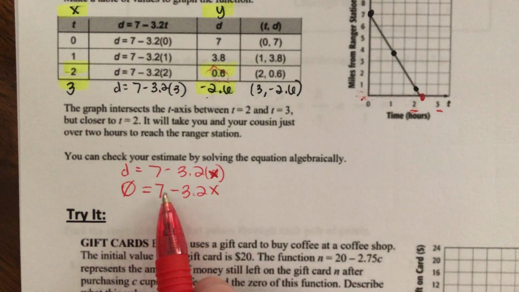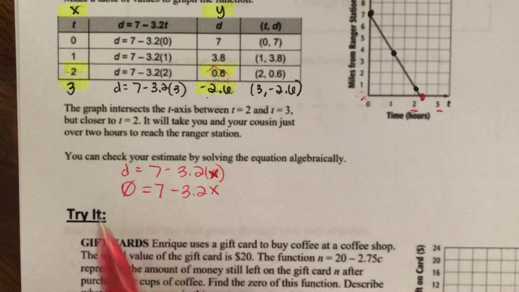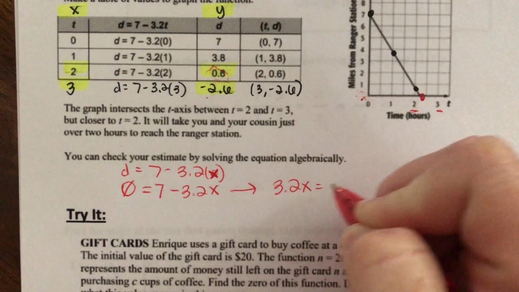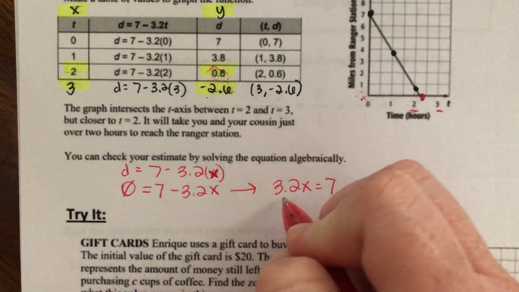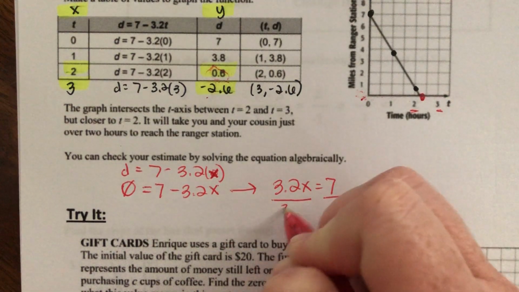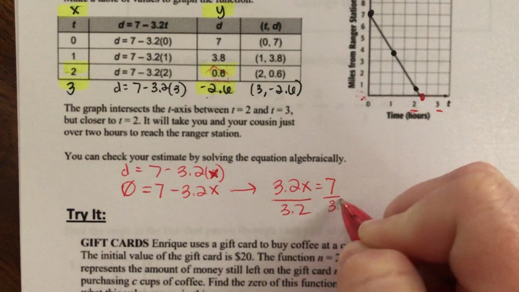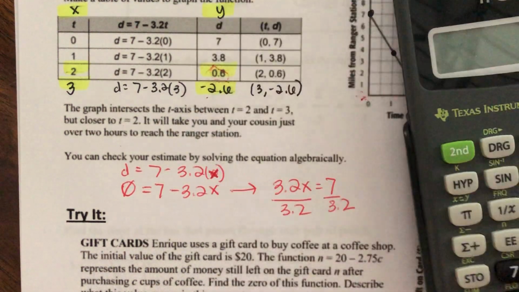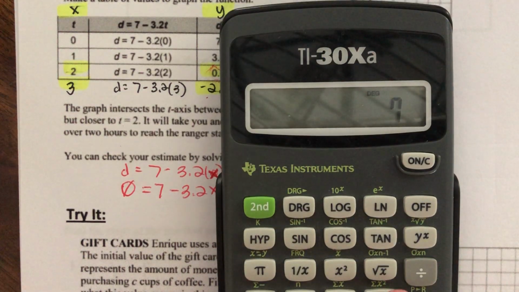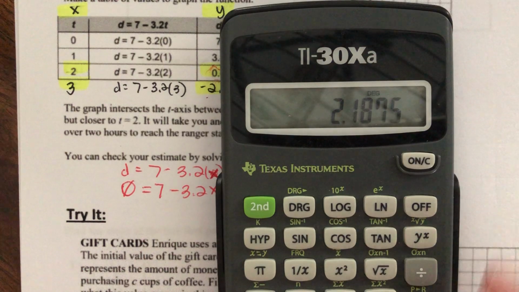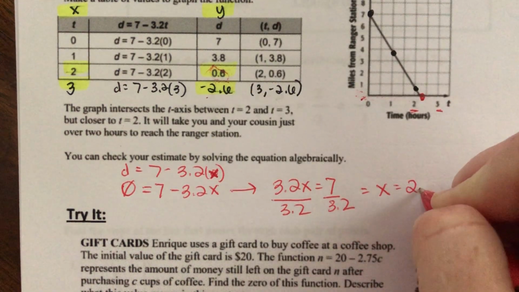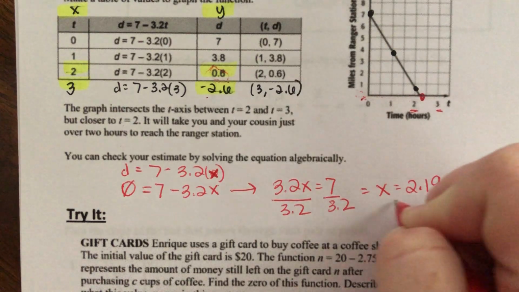All right, so first I'm going to add 3.2x to both sides. So I'm going to get 3.2x equals 7. And then I've got to divide both sides of my equal sign by 3.2. On my calculator, 7 divided by 3.2, can you see that? Yep. Equals about 2.19. X equals 2.19 or 2.2, right?